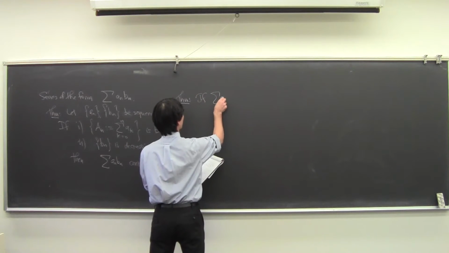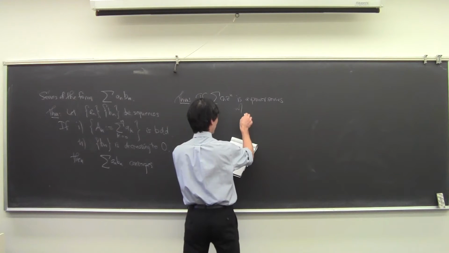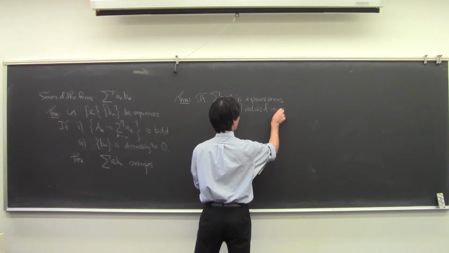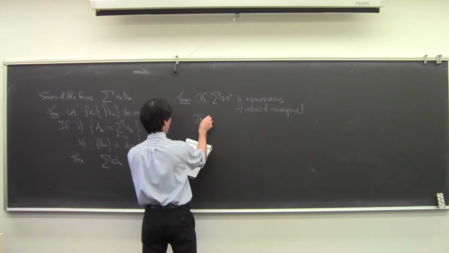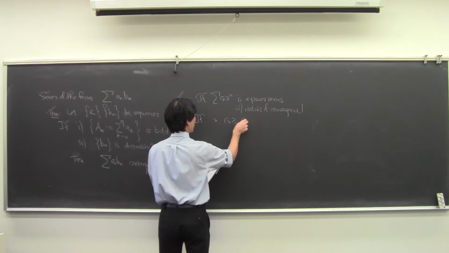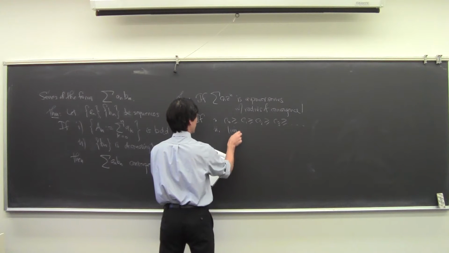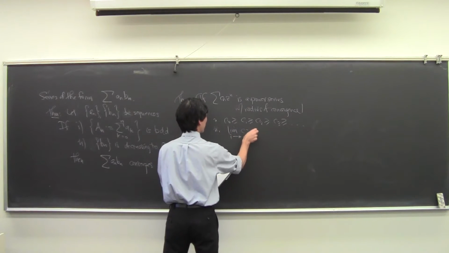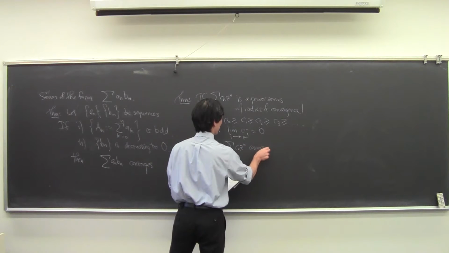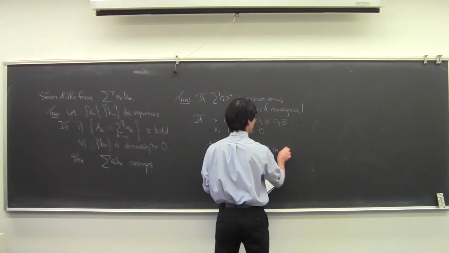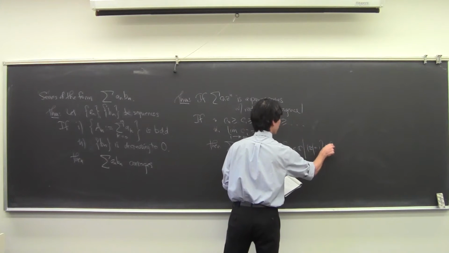If you have a power series, sum of Cn Zn, with radius of convergence 1, and if the C's are decreasing and they decrease to 0, then the power series converges on all of the boundary excluding z equals 1.